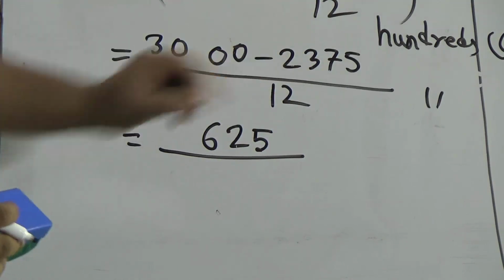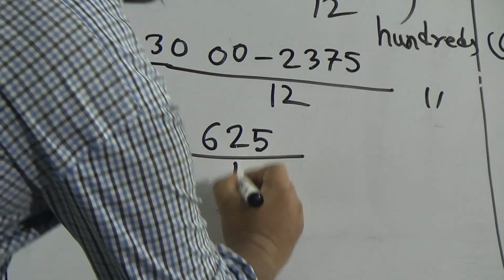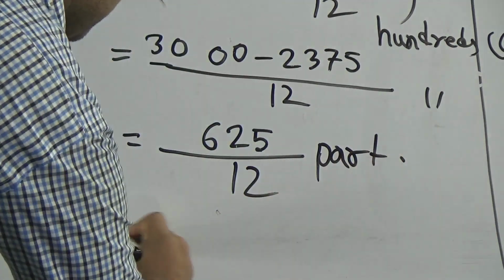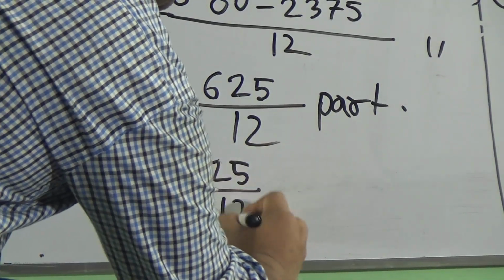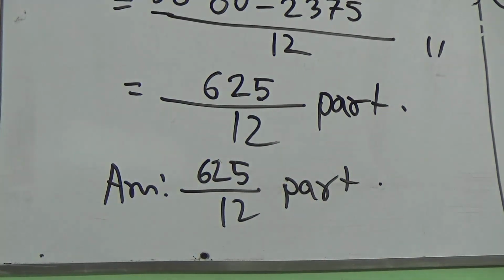If we subtract 3 from 3, then it will be 0. So 625 by 12 part, and this is the answer. 625 by 12 part. My dear student, this is lengthy, but it is so easy.